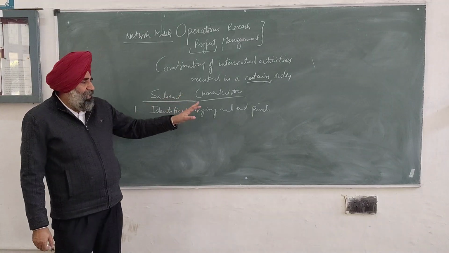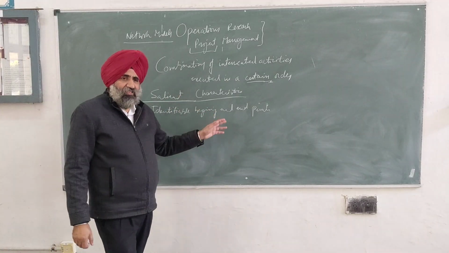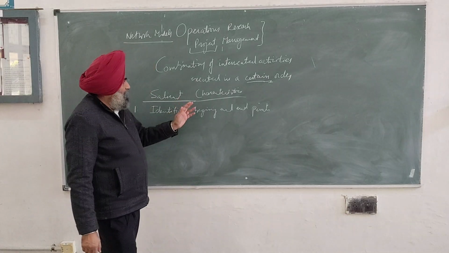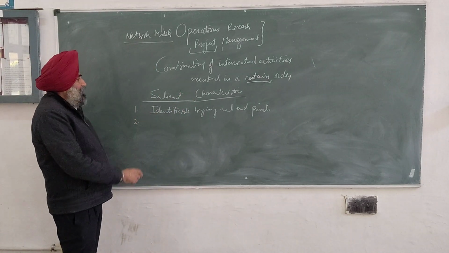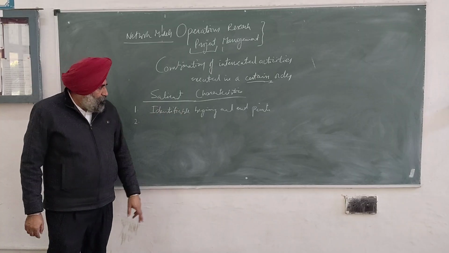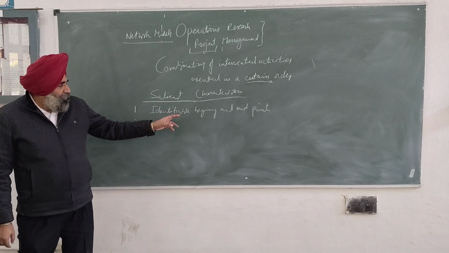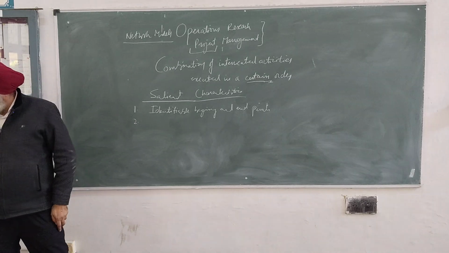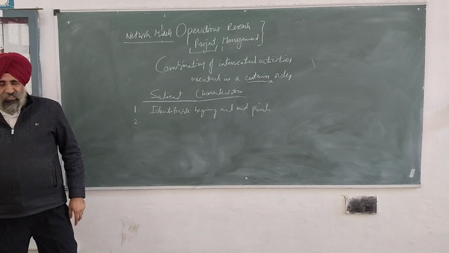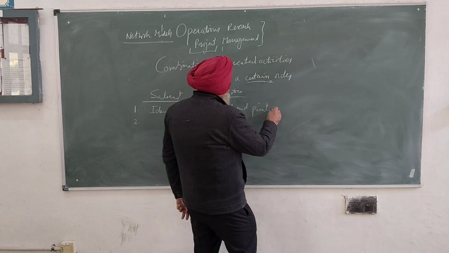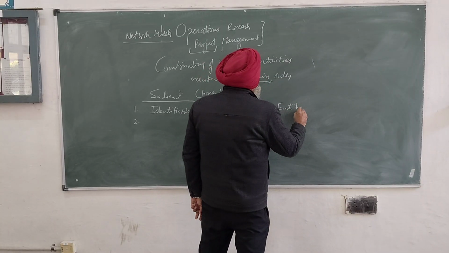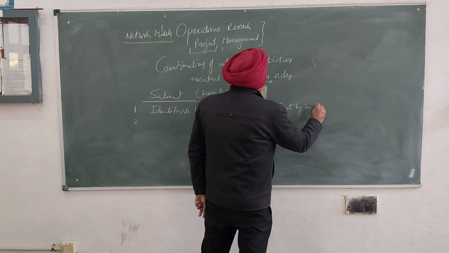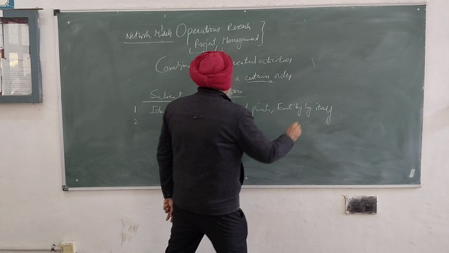If we consider all these characteristics during the project, definitely we'll have a wonderful project at the end of the day. It should have an identifiable beginning and end point. Basically, it is an entity by itself. This is the first characteristic.